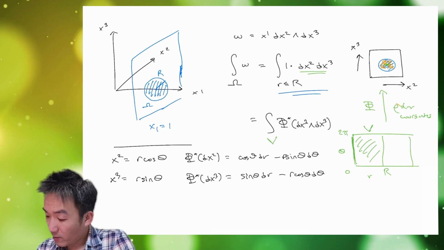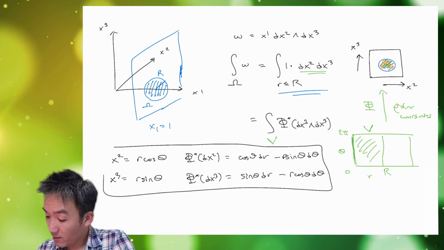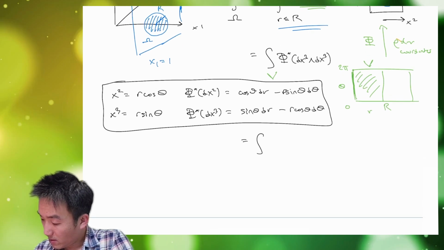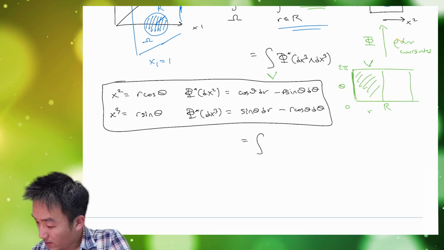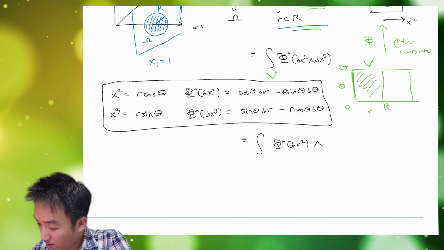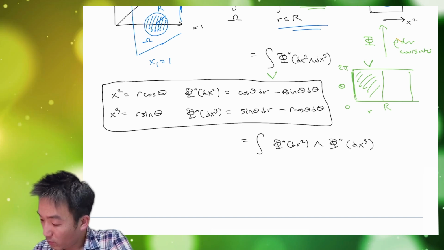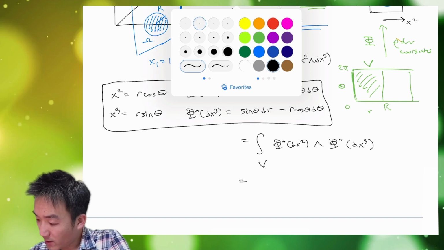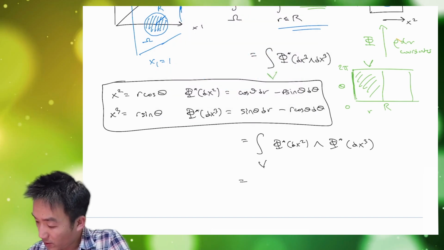Okay, so if we have these formulas there, then when we expand this out, the phi star just goes right through the wedge. Okay, and when we wedge, the only terms that survive are going to be the cross terms, right?